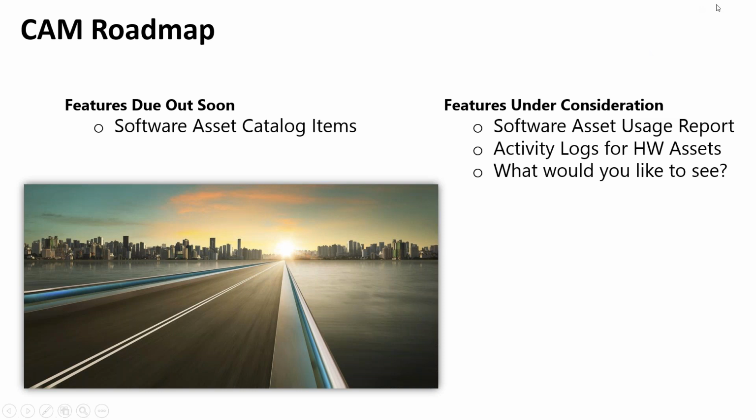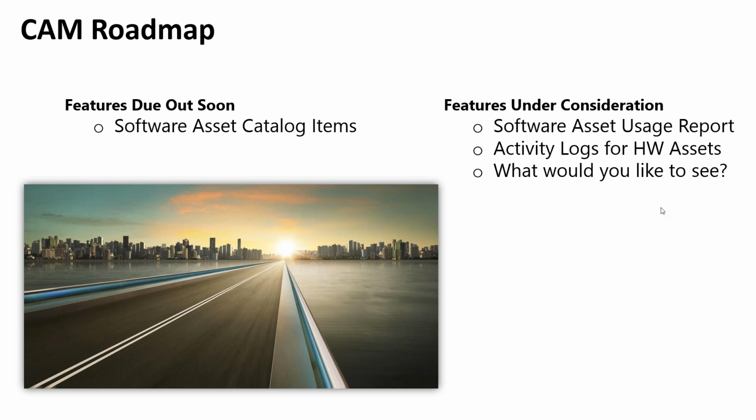What we have on the roadmap here, or not the roadmap, I should say, what we are considering. There's a big difference between what we have on the roadmap and what we're considering to add to the roadmap. Again, this is where we need your feedback and your input from the community portal that we have out there. We do need your suggestions.